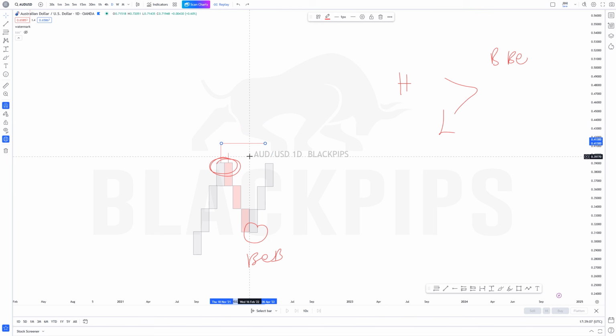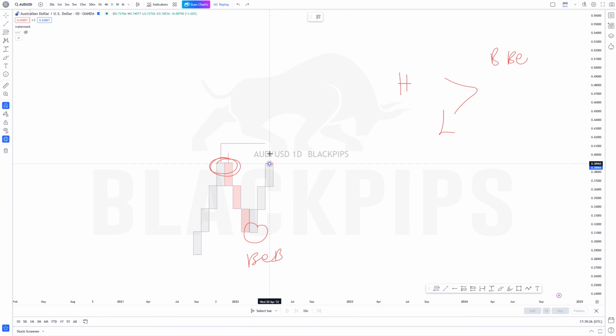So after saying that, when we say wick to wick breakout, we mean this wick must be broken by the wick formed on the candle found on the continuation move.